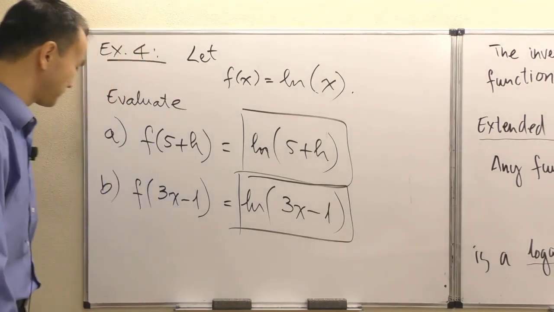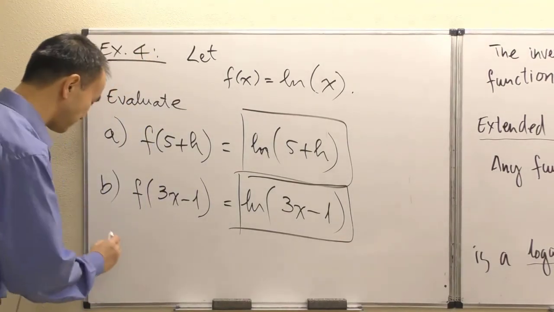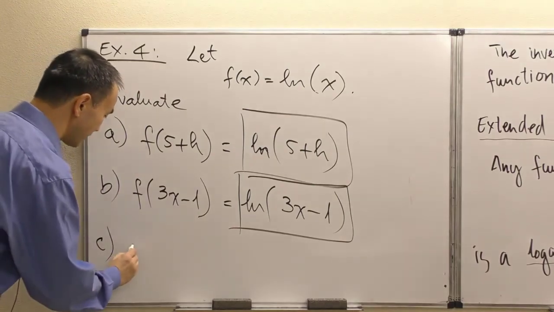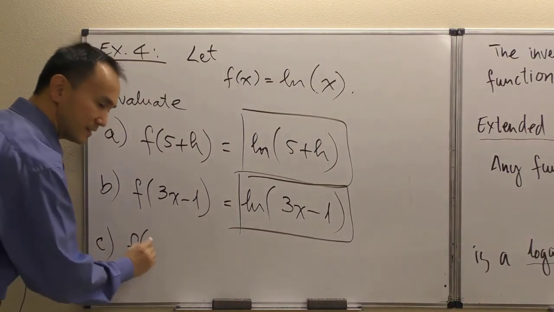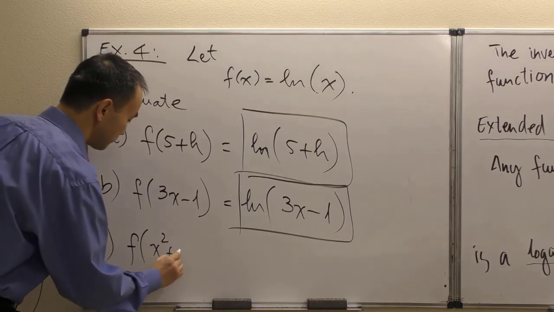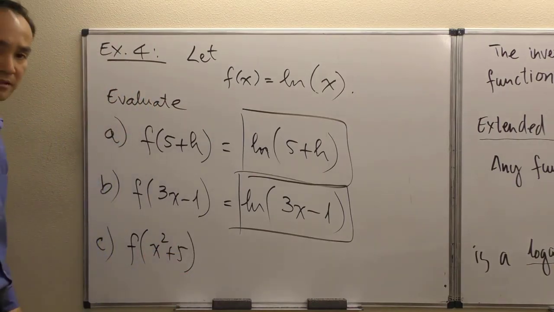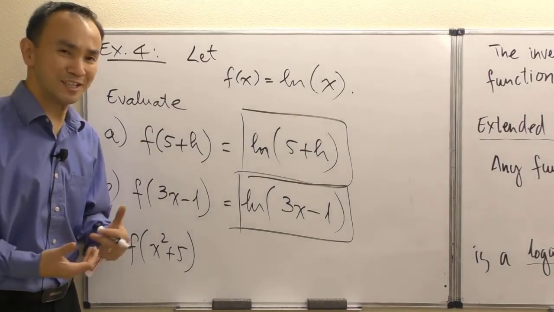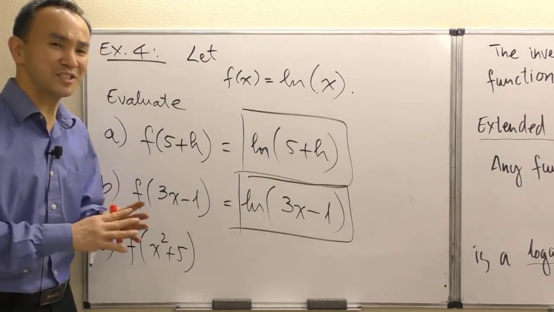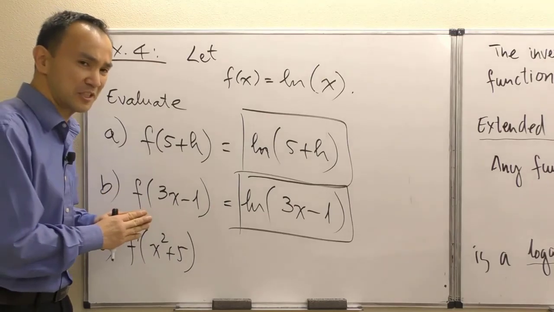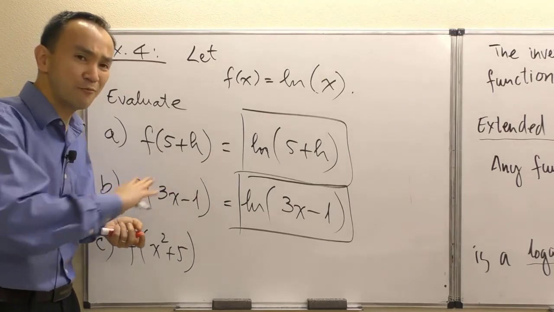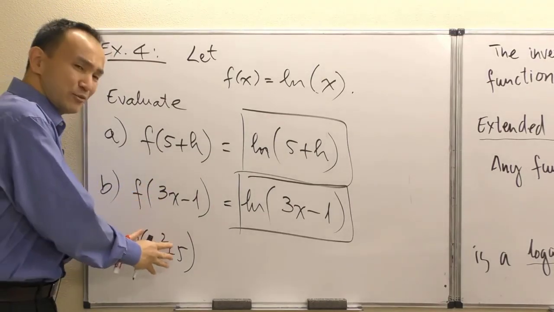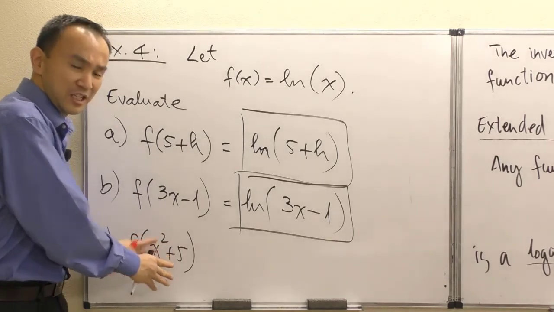Okay, let's look at part C right here. This is f of x squared plus 5. So again, just another practice for me to purposely make my students overcome that fear about, oh my God, I have to take something so big into a function.